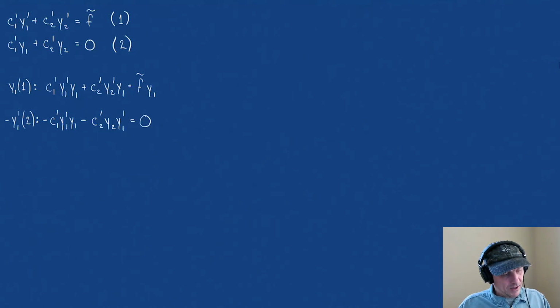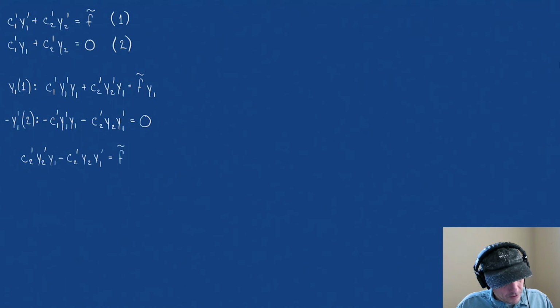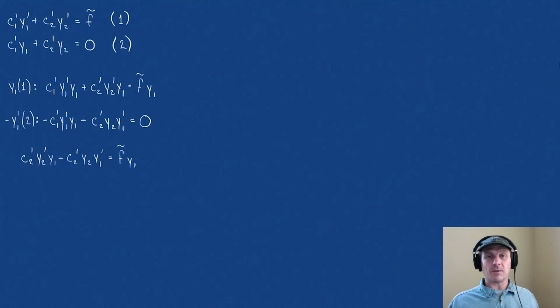And now let's just add these two rows together, and notice that the first two terms drop out, and so I get a C2 prime, y2 prime, y1 minus C2 prime, y2 y1 prime equals f tilde y1. Just adding those together. And so now look at what we can say.